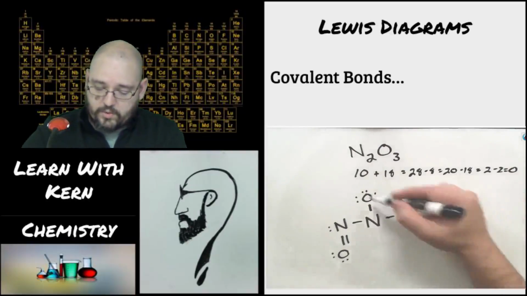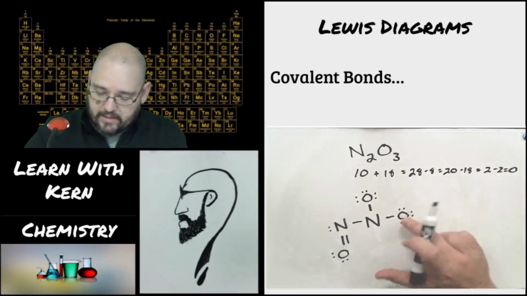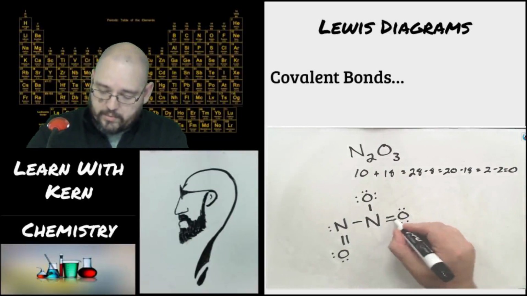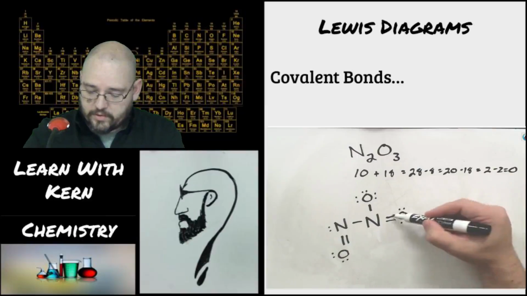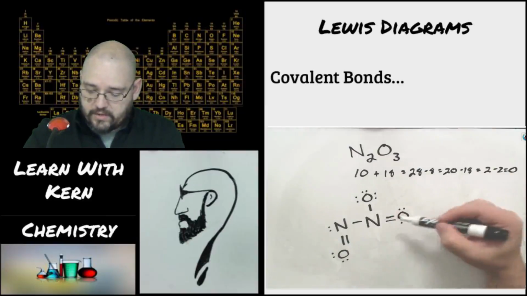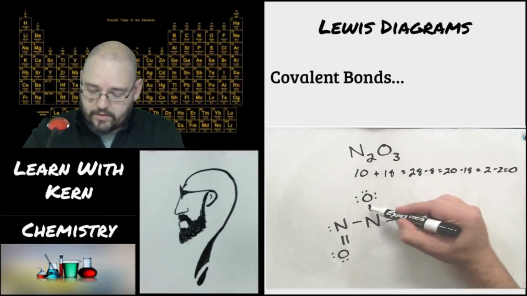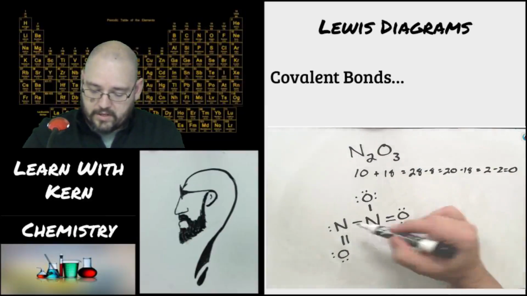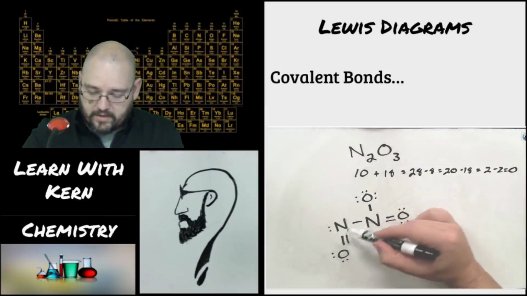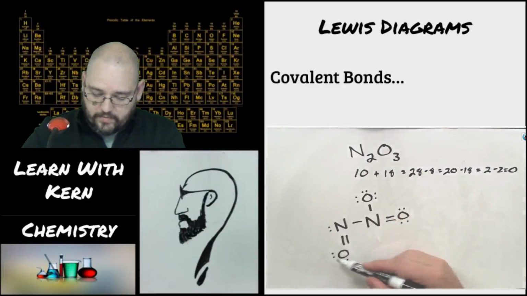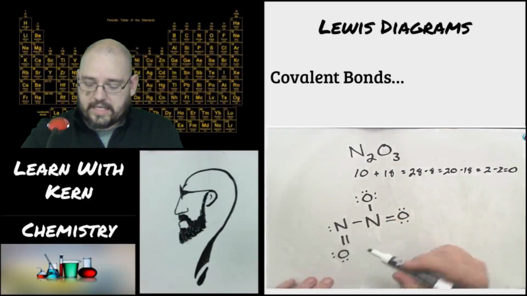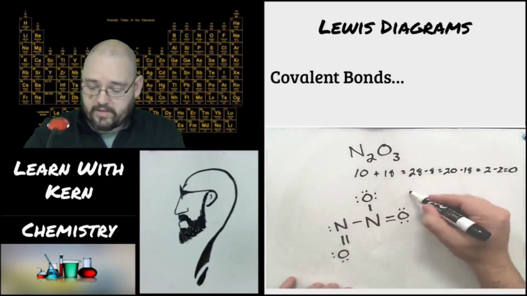So one of these two oxygens, I can make a double bond with that nitrogen, and so now I have 2, 4, 6, 8 there, 2, 4, 6, 8 here, 2, 4, 6, 8 there, 2, 4, 6, 8 on this nitrogen, and 2, 4, 6, 8 on that oxygen, and they now all meet the octet rule.